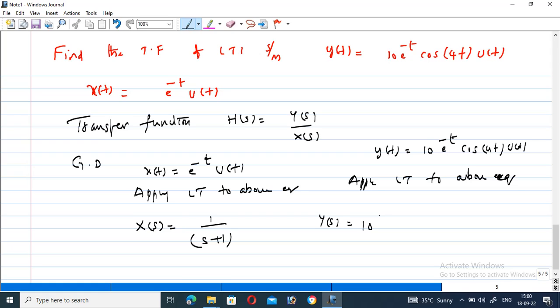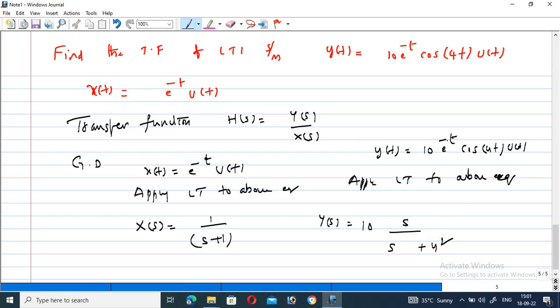Actually u(t) is equal to cos ωt, right? So here cos is nothing but s by s plus 4 square, right?